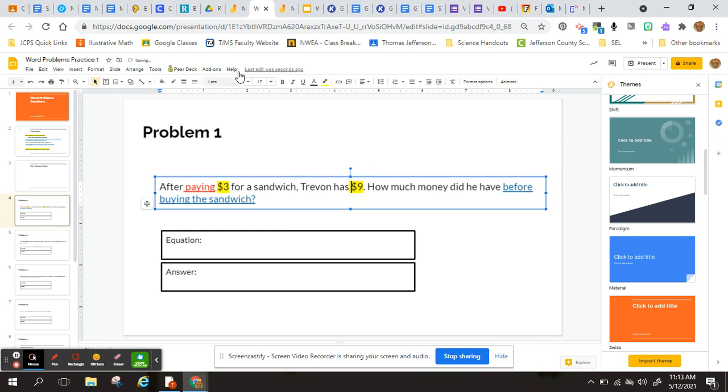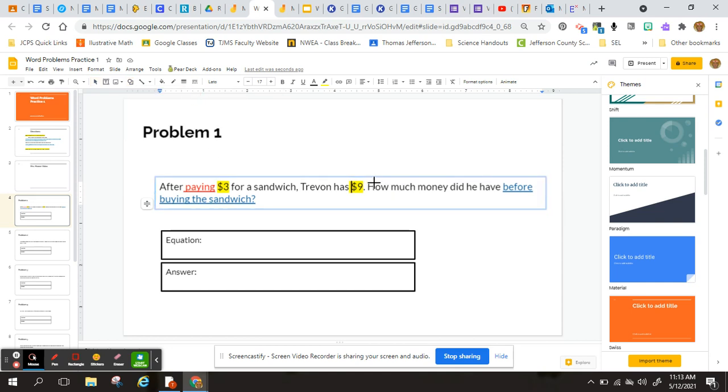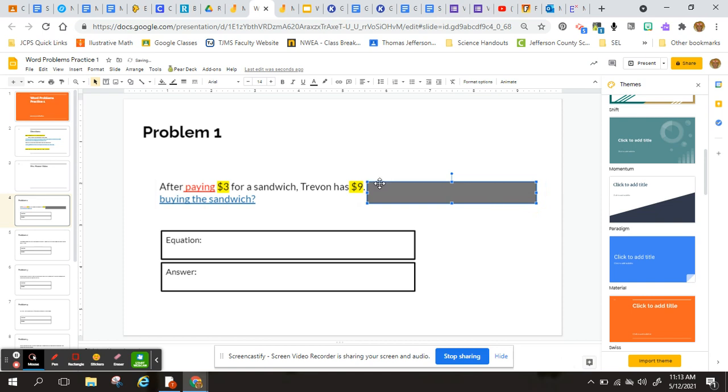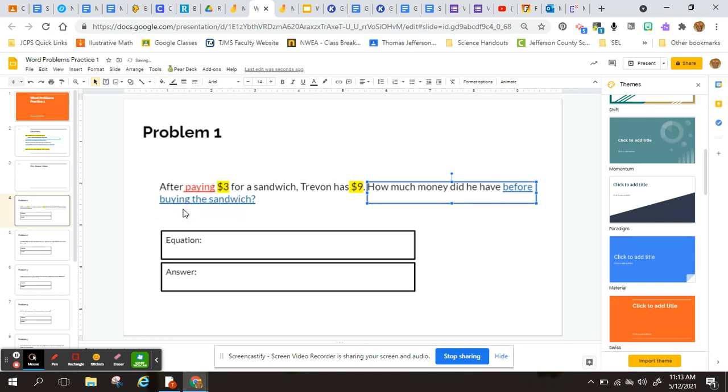Okay. And then we always want to pay attention to our question. So I'm going to take my rectangle shape and put a box around that question, and it won't go all the way around, but we're still trying to make it happen. Change it to transparent so you can see through your shape.